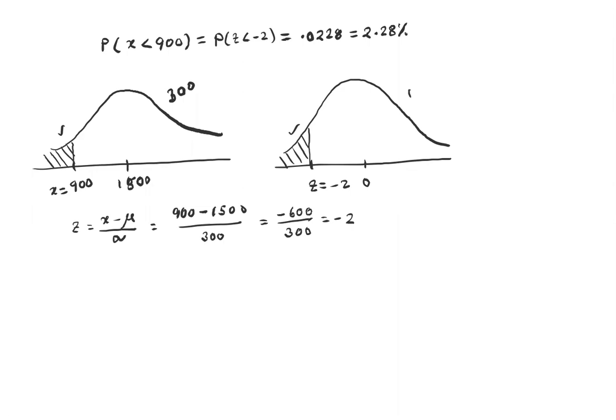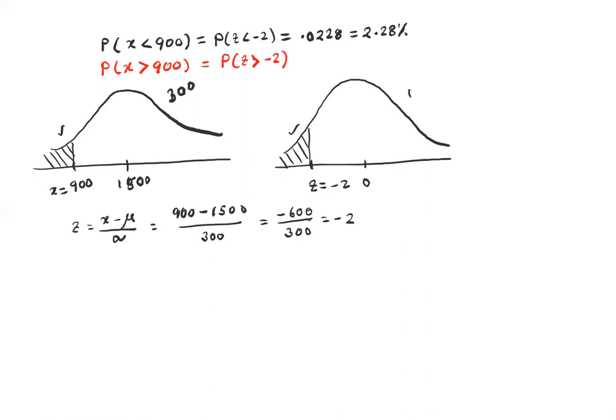All right. Now, what if I ask you, what is the probability that someone makes more than 900? It's the same thing. Probability of z greater than negative 2, right?